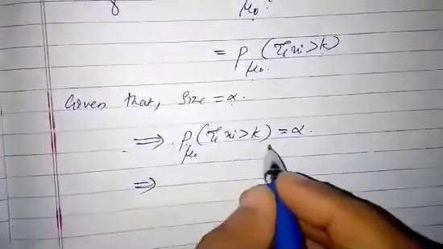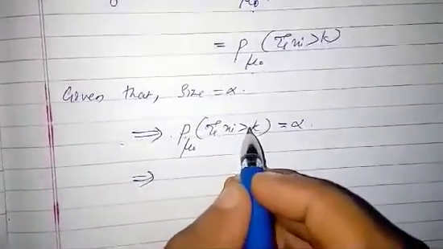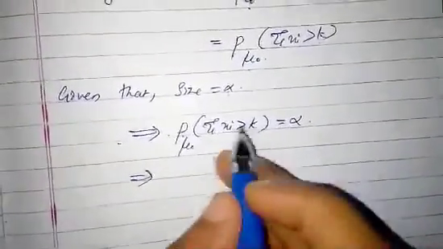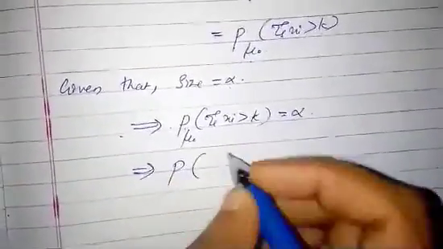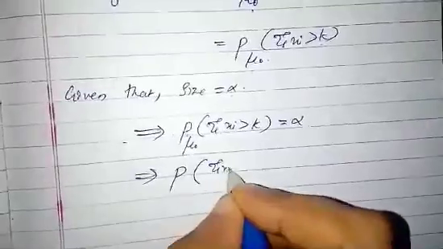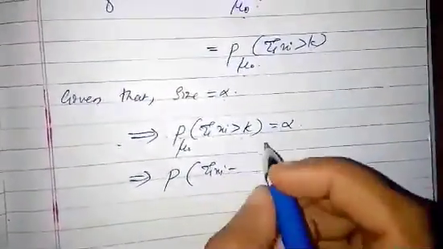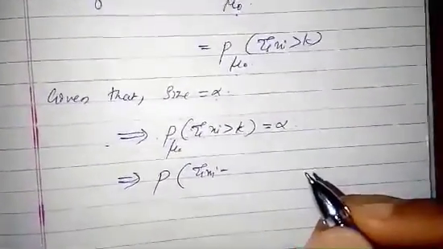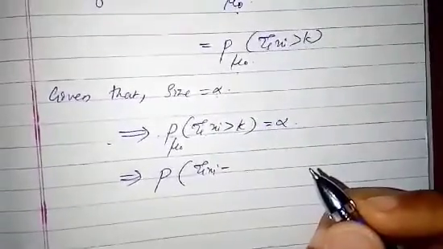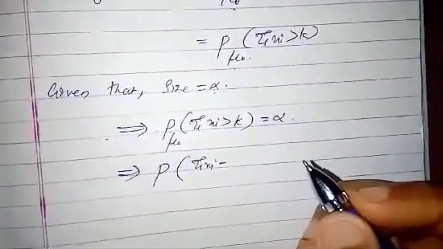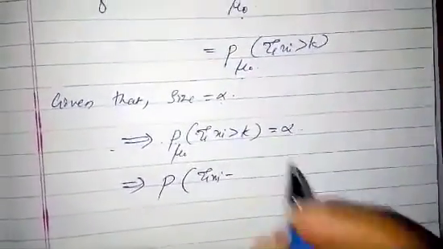We can simplify this term. We know that summation Xi follows a normal distribution with mean n mu and variance n sigma naught square.